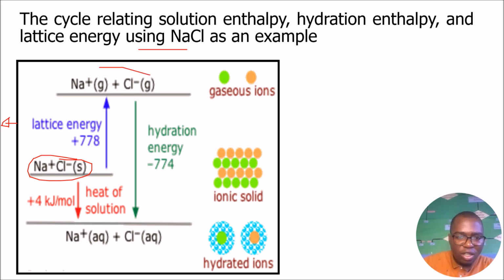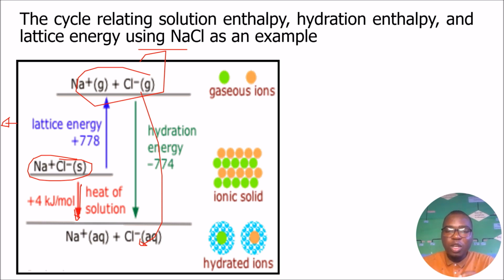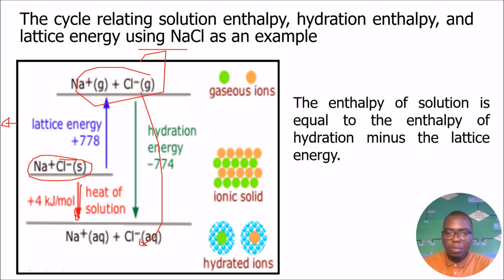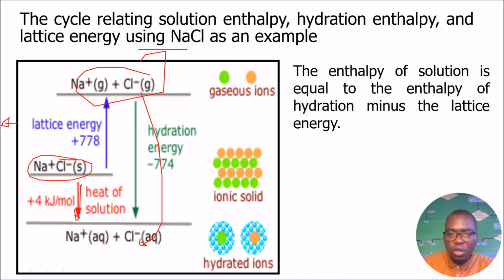If we add water to these to come up with what is at the bottom here, then we are dealing with hydration energy, or enthalpy of hydration. Then if we add water and follow the red arrow here, we are dealing with the enthalpy of solution. This energy level diagram can easily be converted into an energy cycle, as you will see shortly. So the enthalpy of solution is equal to the enthalpy of hydration minus the lattice energy. Please take note of this one.